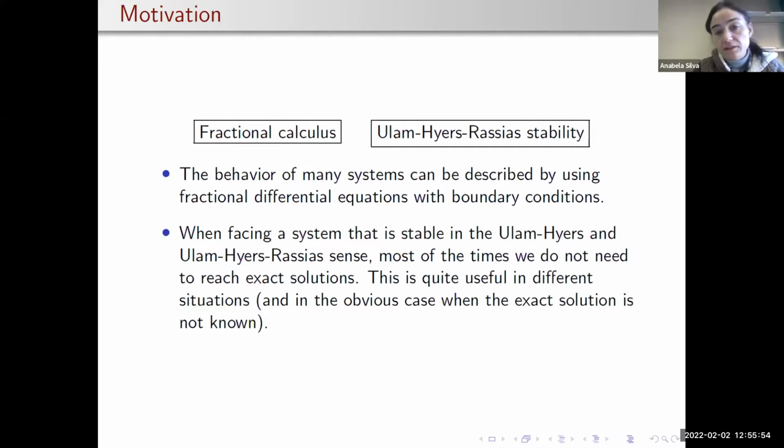And because of that, the Ulam-Hyers and Ulam-Hyers-Rassias stabilities are so important. This stability permits us to obtain a very close approximation to the solution, and it is important because the exact solutions most of the time are difficult to reach.